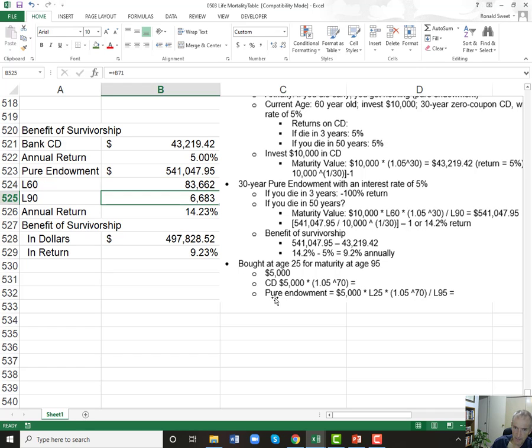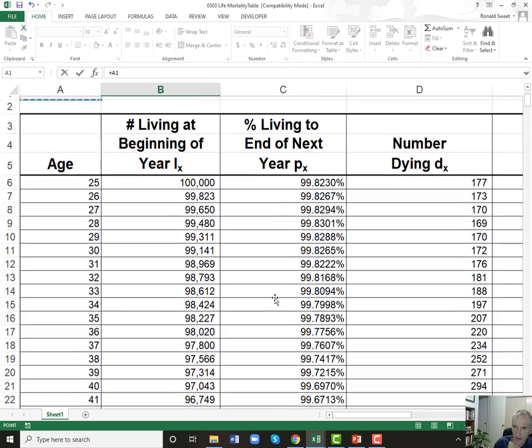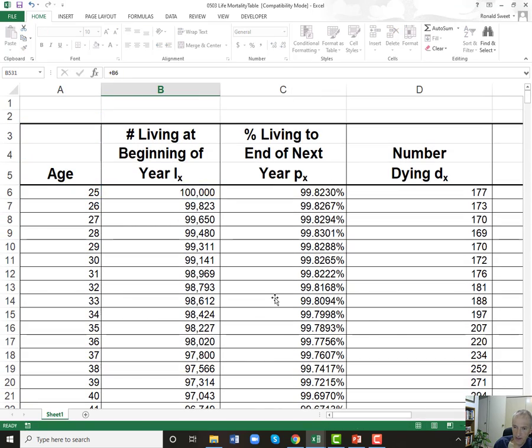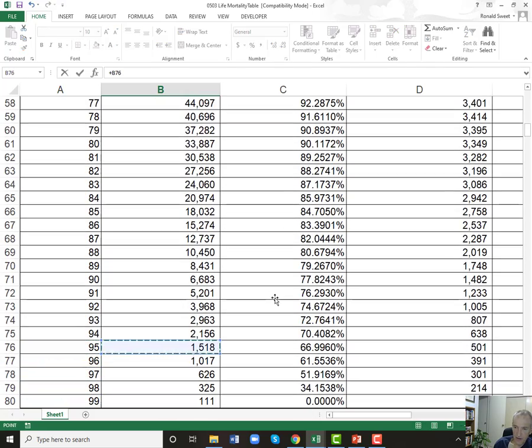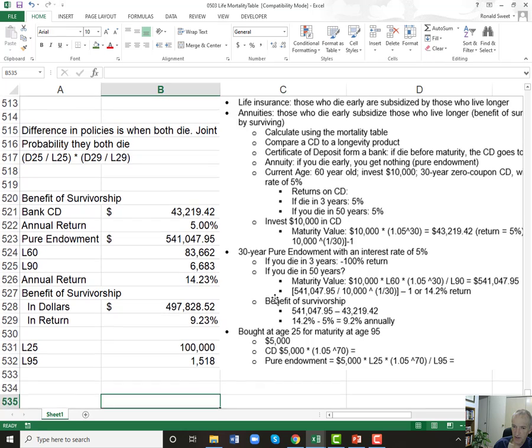Let's give ourselves another practice at this. L95. So L25 is 100,000. L95 is only 1,500 people. So you're going to get more than the 50-fold increase in your return.